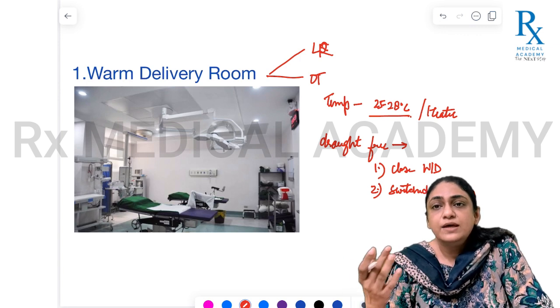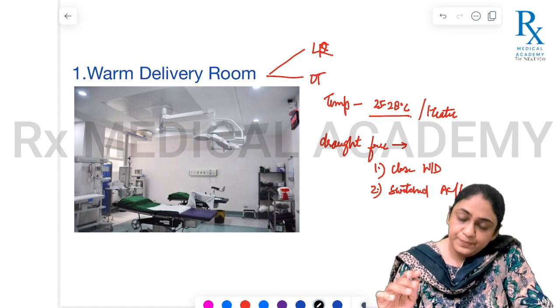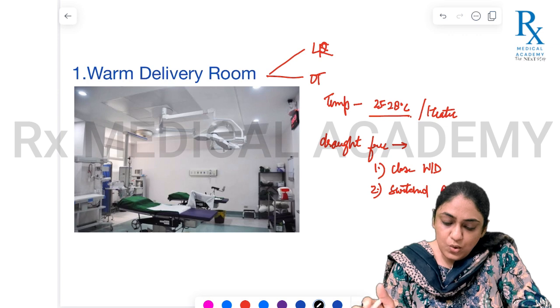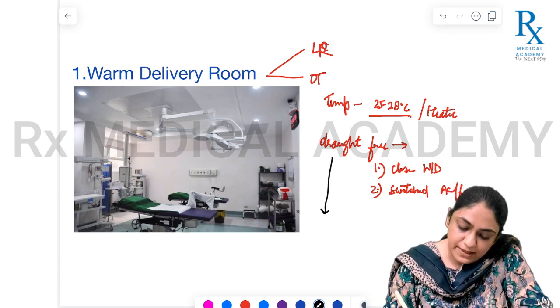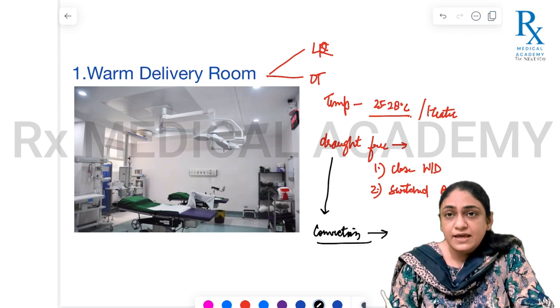Why is it important to keep the room draught free? We know that heat loss in a newborn occurs by various methods. Convection is one of the methods. You must have read this in physics. This is basically a concept of physics.